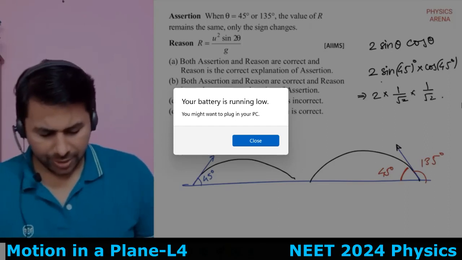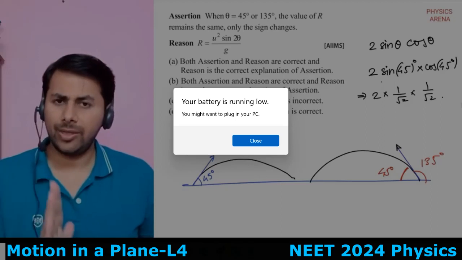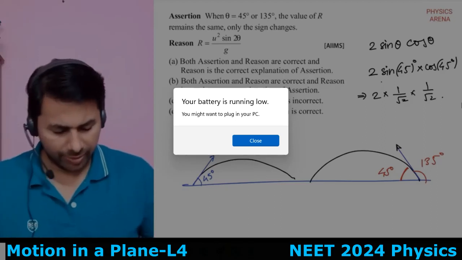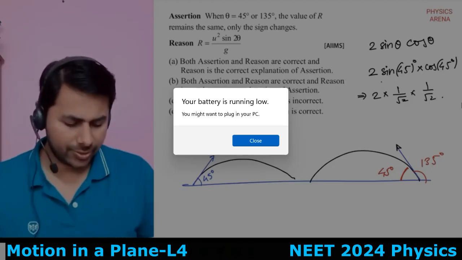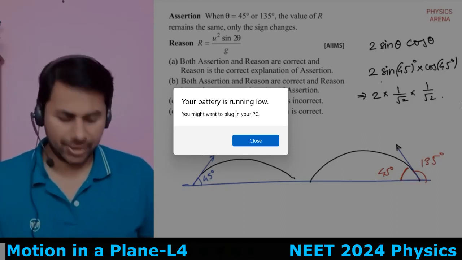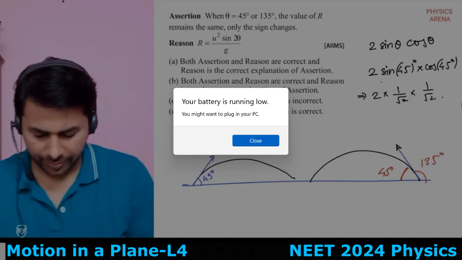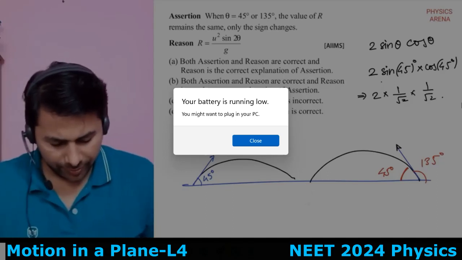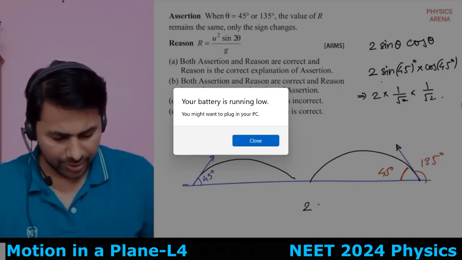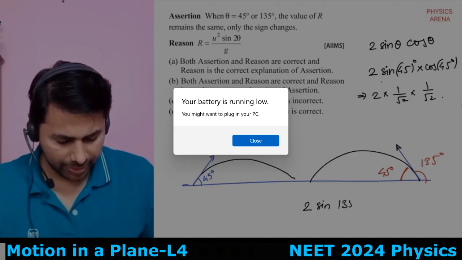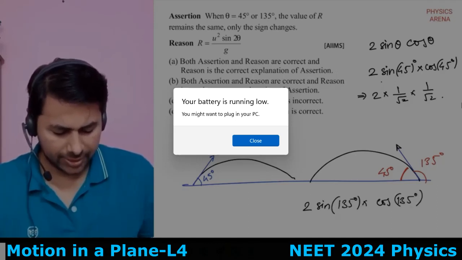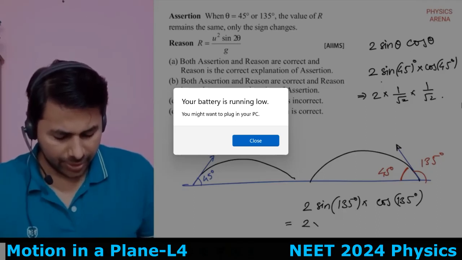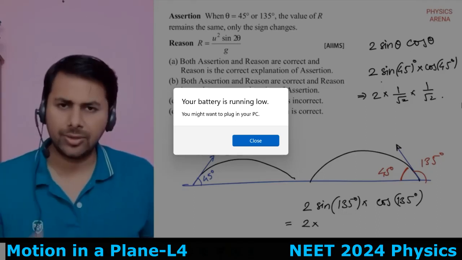And in case of 135 degrees, one will be positive and the other one will be negative. Sine is along y direction, it is positive. Cos is along x direction, it will be negative, right? So it is 2 times sine of 135 degrees multiplied by cos of 135 degrees. So sine of 135 is equal to sine of 45.